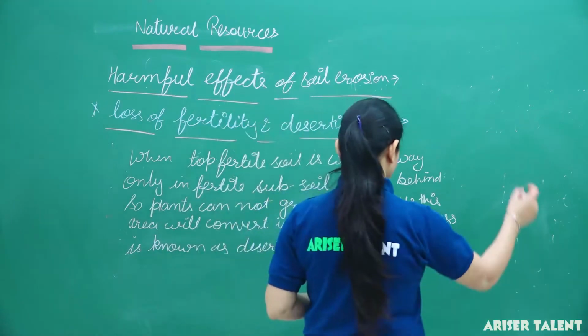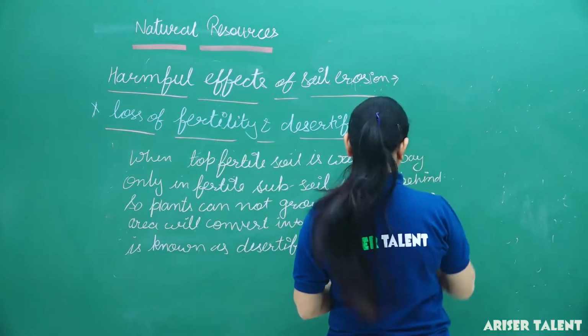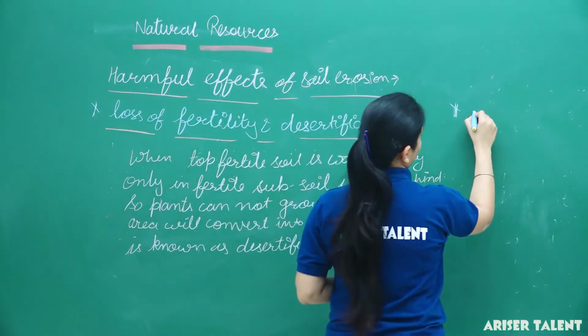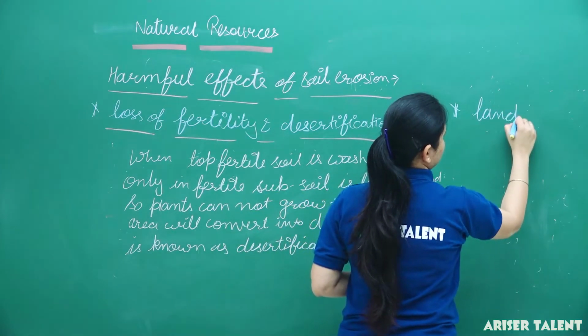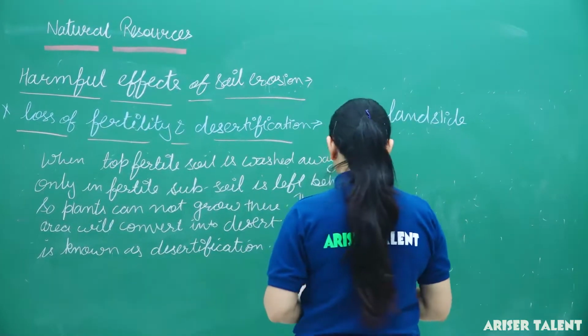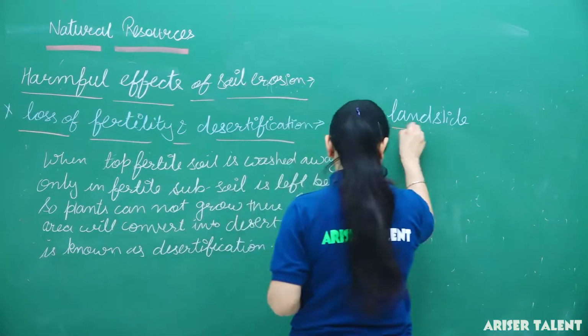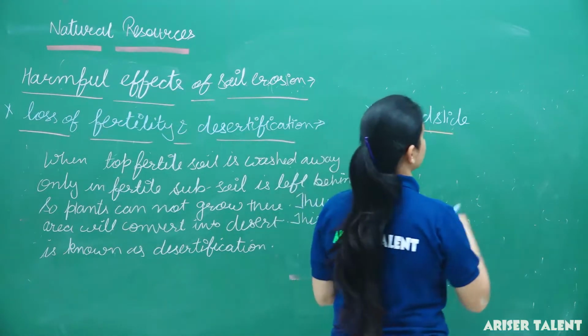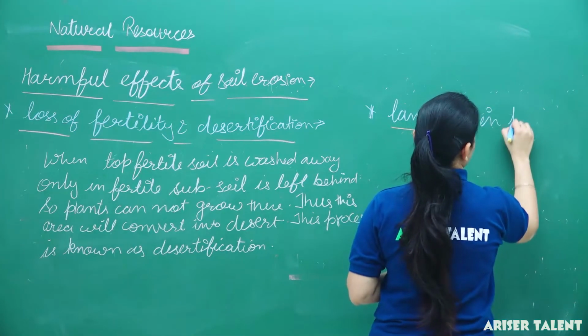Another harmful effect is landslide. Where does it occur? Landslide occurs in hilly areas.